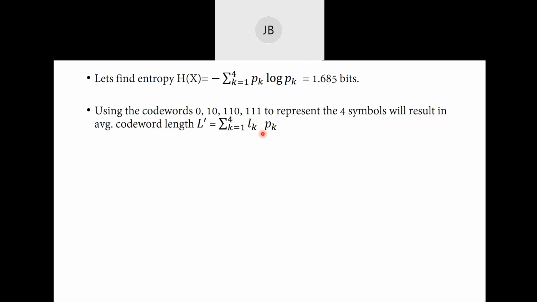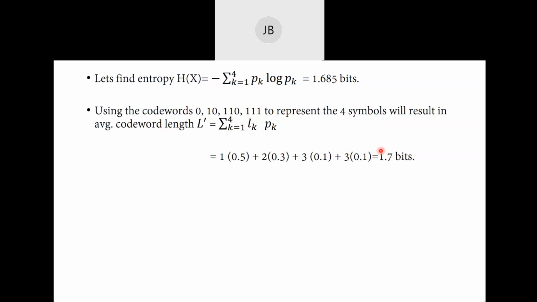That should give you the average code word length L prime. This is for the fourth symbol, its probability, and the code word length is 3 because we have 3 bits here. Altogether, you get around 1.7 bits. That's the average code word length. So, does this support the theory we saw in the very first point of the solution?